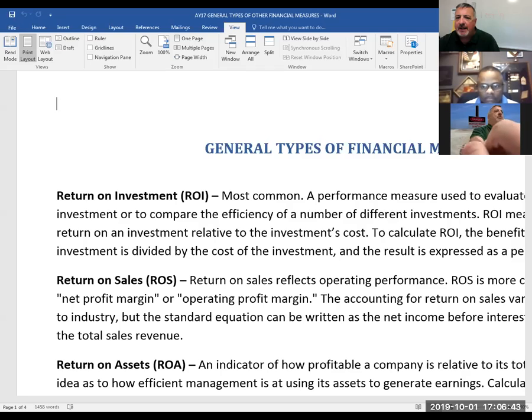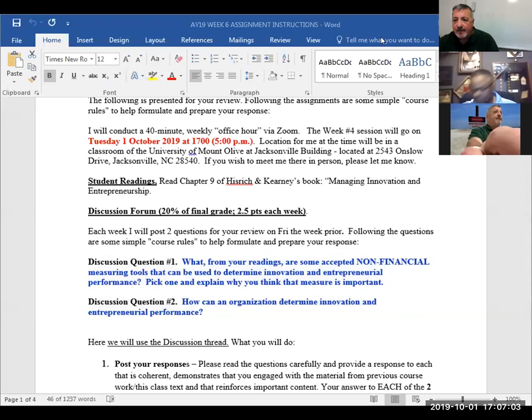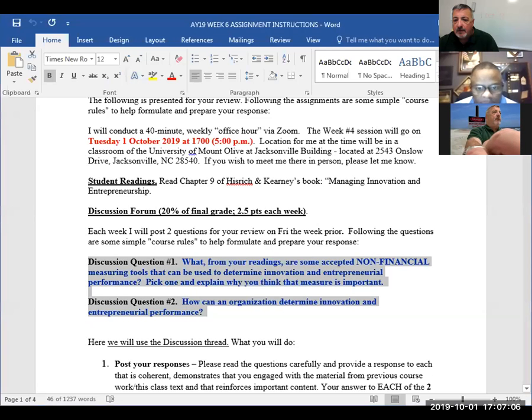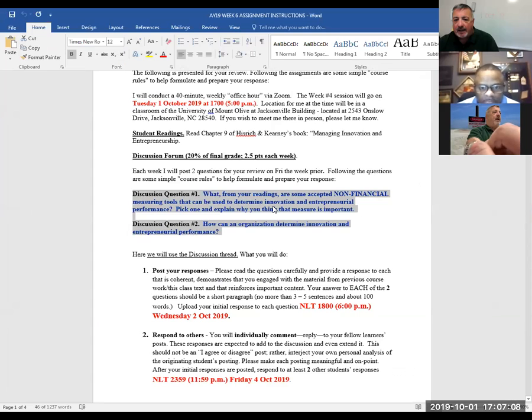The thing that we're trying to get at here with the question for this week is: what are the non-financial measuring tools that can be used to determine innovation and entrepreneurial performance?